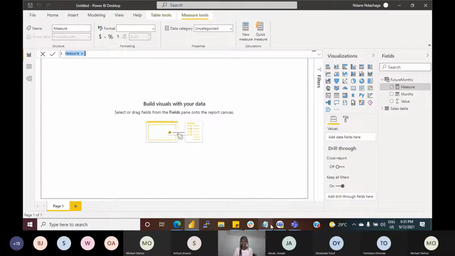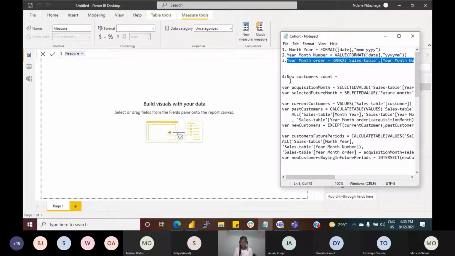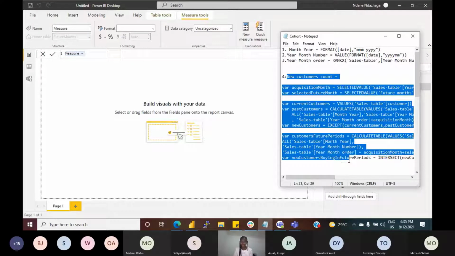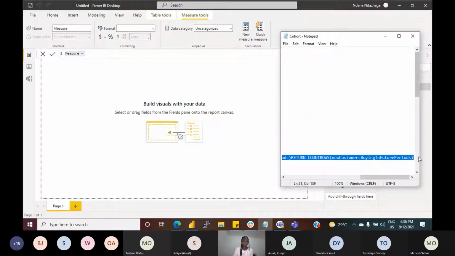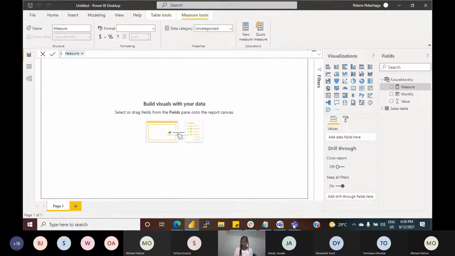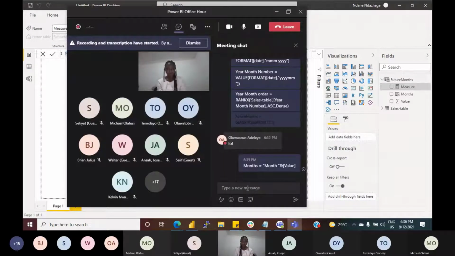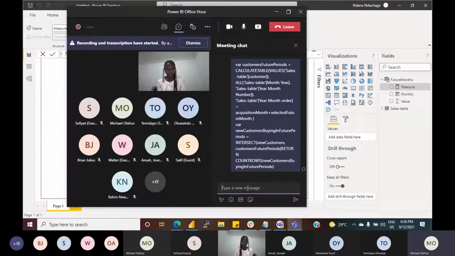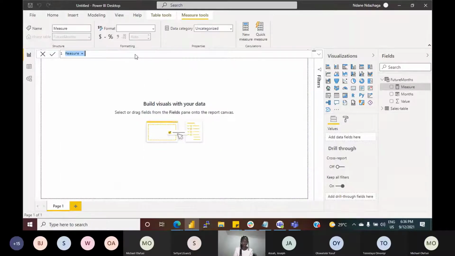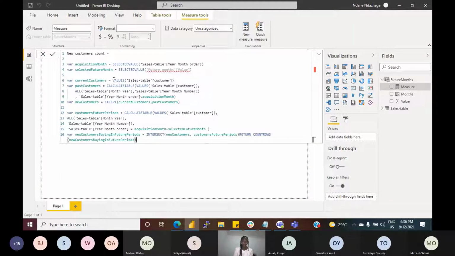So this DAX expression is kind of long, but I'll explain it and run through it. This is saying you want to count your new customers.